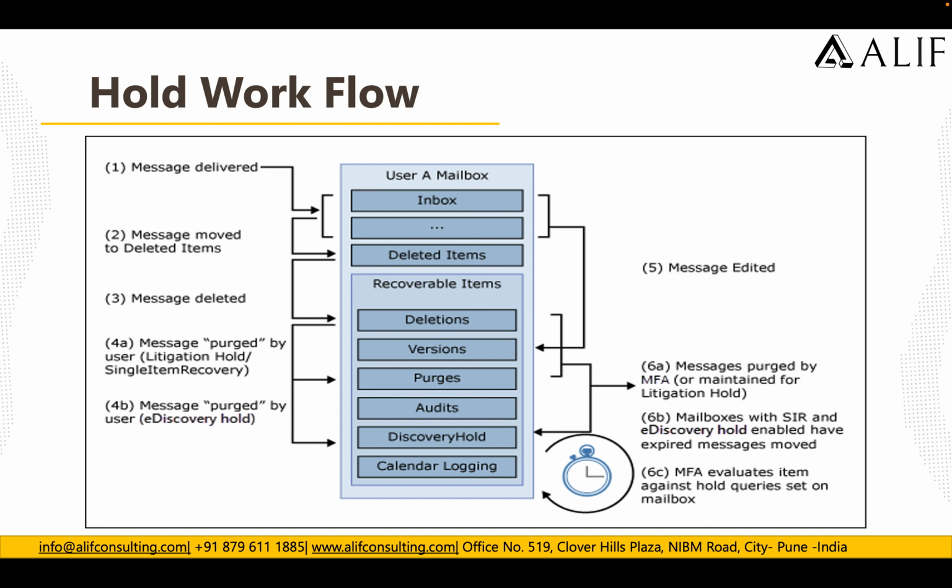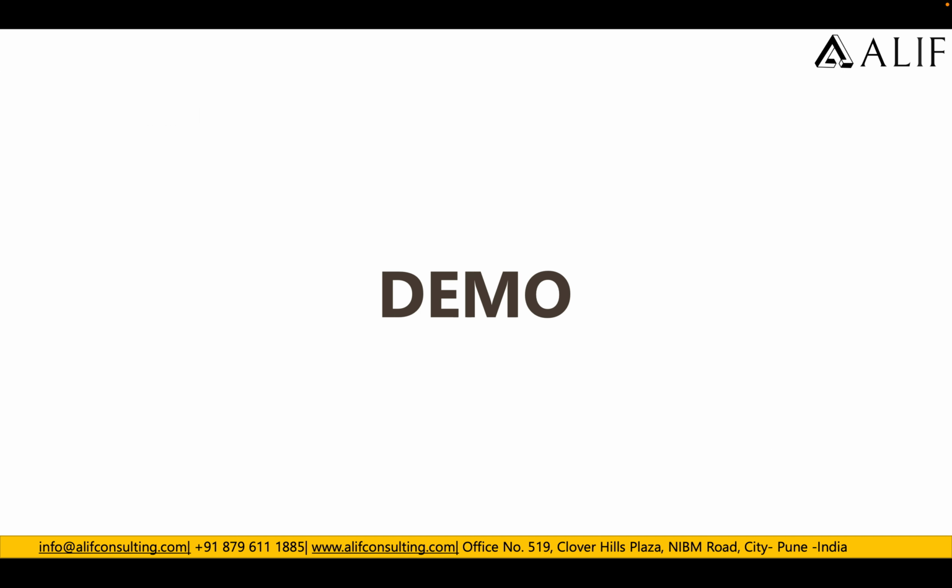And the last step is that MFA evaluates items against the hold queries set on the mailbox. So in step 6C, MFA evaluates whether the litigation hold policy is applied or not. If the policy is there and applied, the message is kept; if the legal hold duration is completed, MFA is going to delete the message from the purges folder. So that's how the whole hold process works, right?